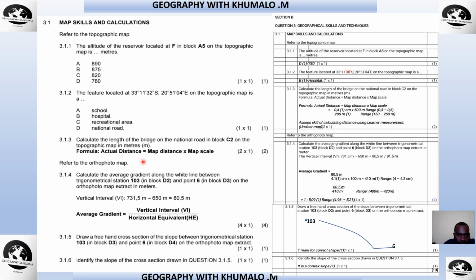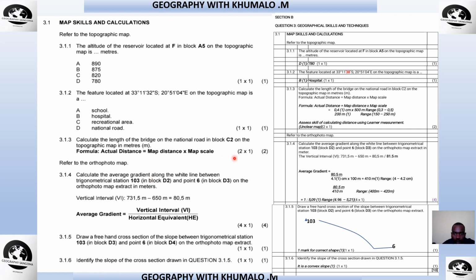3.1.3, calculate the length of the bridge of the national road in situ on the topographic map in meters. So we're supposed to calculate in meters. So that was a smaller length of that bridge, which is 0,4. So we take the range between 0,3 to 0,5.